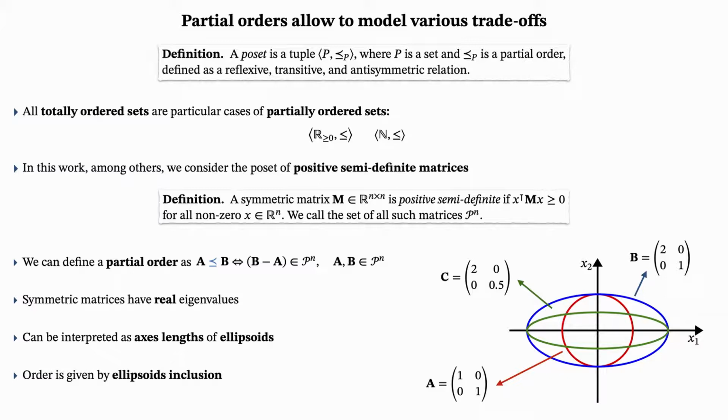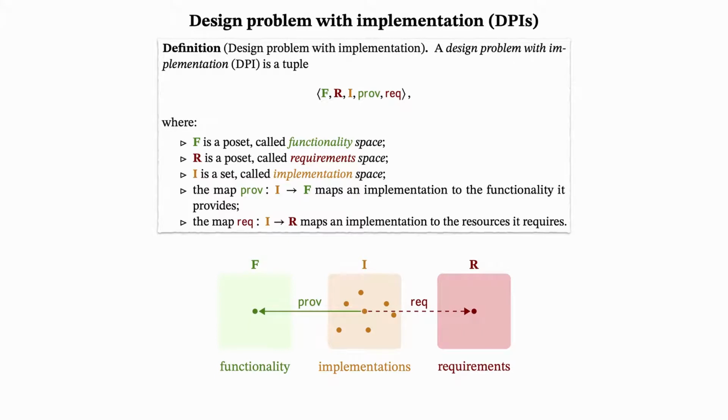A matrix A precedes a matrix B in the partial order if and only if B minus A is again a positive semi-definite matrix. In other words, A precedes B if the ellipsoid representing the matrix B contains the ellipsoid representing the matrix A.